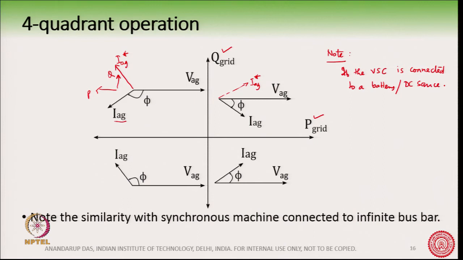Okay, we will explain this. I should not just say DC source, I mean it should be a battery or something like a DC source which can absorb power. It can give power as well as absorb power. Okay. So, this is the phasor diagram which is possible.